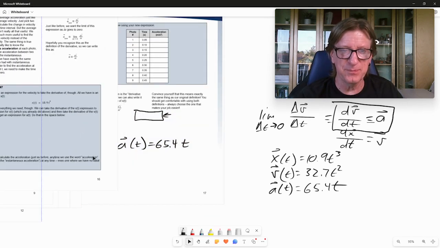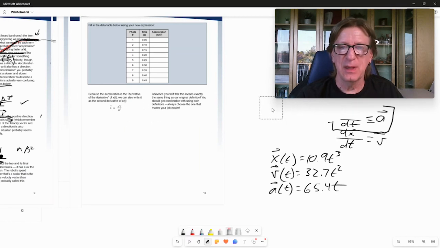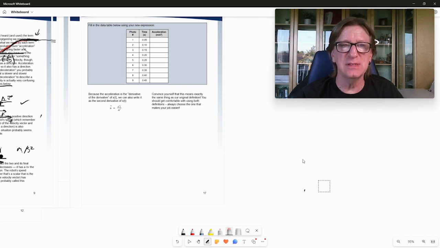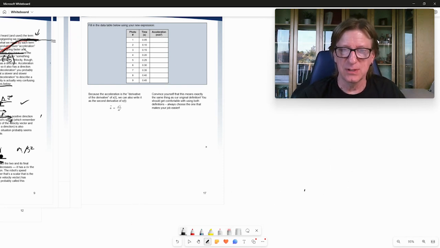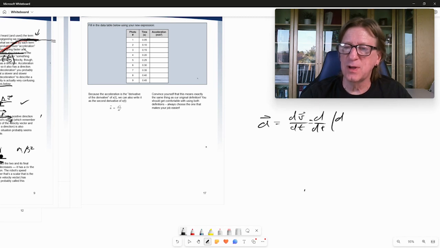So using this, take a look at our last expression, or our last page that is, and we'll erase the extra stuff here. You should be able to fill in this table simply by using our expression. So we got that the acceleration as a function of time was going to be equal to dv dt, but v was the derivative of x with respect to time.